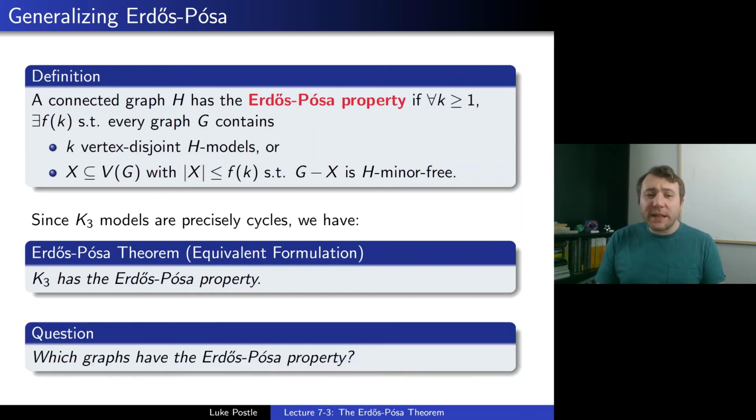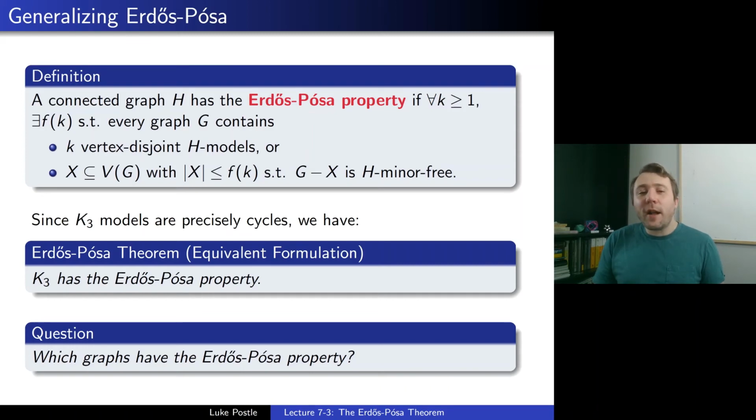And then the question becomes, which graphs have the Erdos-Posa property? So we kind of saw that for certain kinds of trees, you could apply the Helly property, but that would only work maybe when H is a tree and G is a tree. So maybe more generally, does this also hold when H is a tree? Again, we're only dealing with connected graphs here.